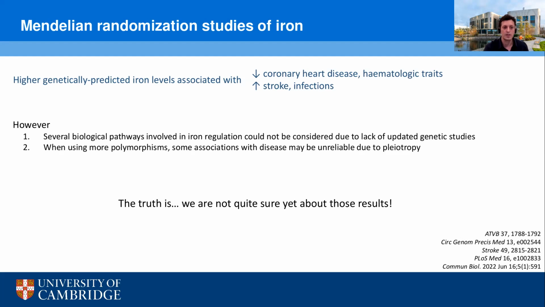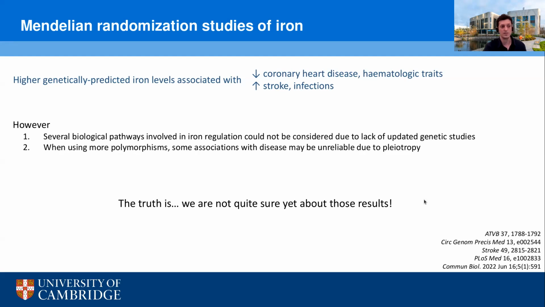For example, there are several biological pathways involved in iron regulation that could not be considered due to the lack of updated genetic studies. The second limitation is that when using more polymorphisms, some associations with disease may not be very reliable due to pleiotropy.